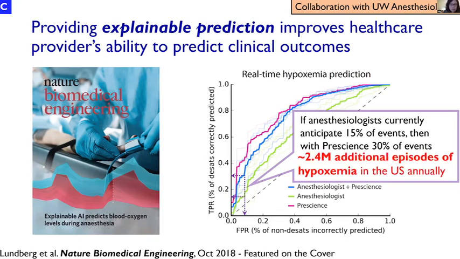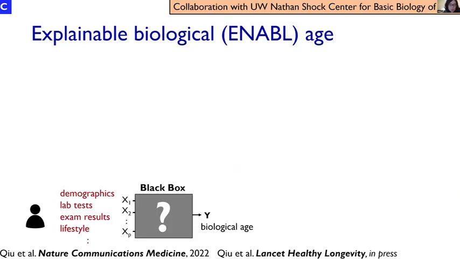So quickly, just switching to another project to show you how explainable AI can be effective. In this project, we showed that explainable AI can help us interpret biological age. We named our method EnableAge, explainable biological age.